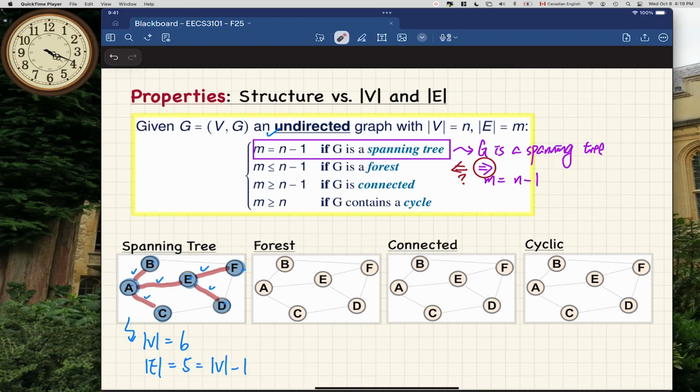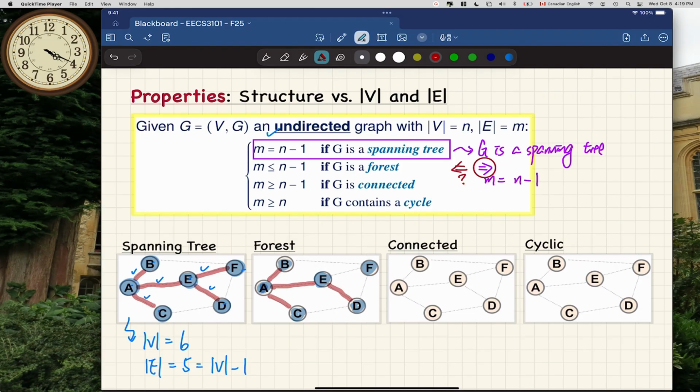Okay, so what I will have is, first of all, a spanning subgraph. So I'm going to get A, B, C, D, E, F. And then what about edges? Let me give you the edges as follows. One here, one here, one here, and one here.